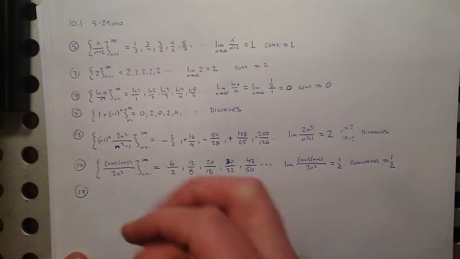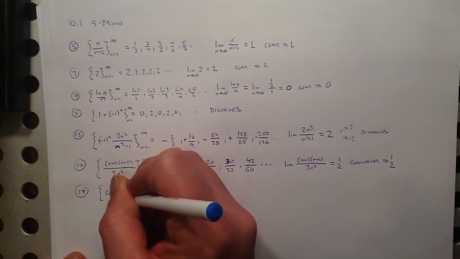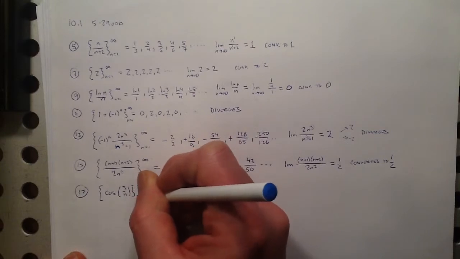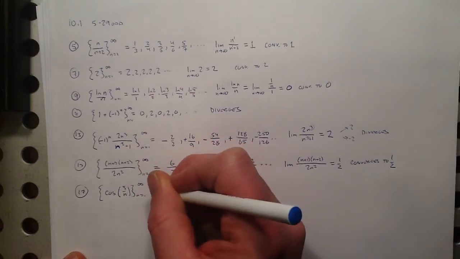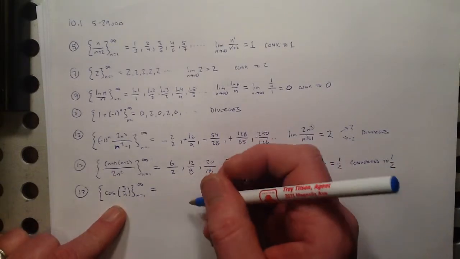Number 17, the cosine of 3 over n. Excuse me, so what's happening here?